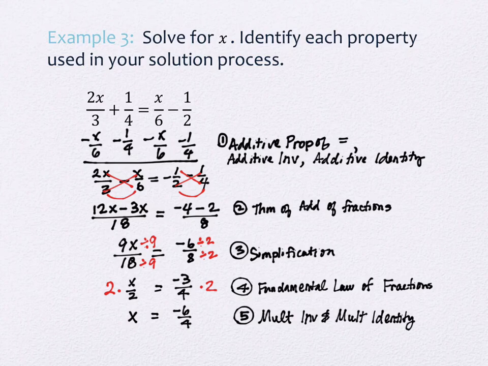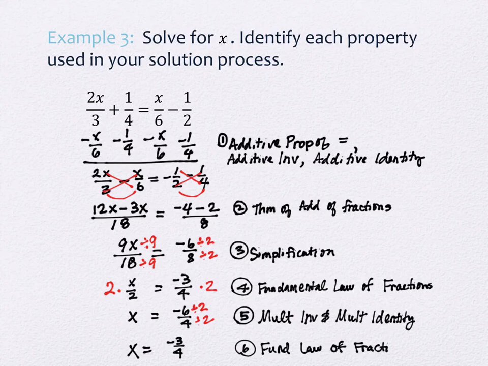And then, of course, we're going to reduce that, right? So what can I divide both of them by? Yep, 2. So my x here will equal -3/2. Oh, I wrote something down wrong? Thank you, 3/2. And again, we've already seen that property in our description here, but this is the fundamental law of fractions.